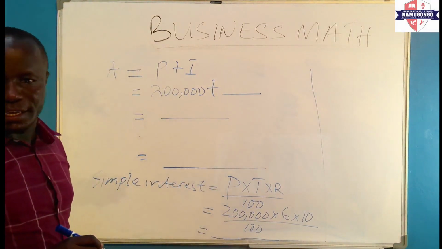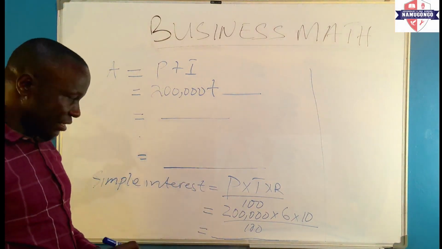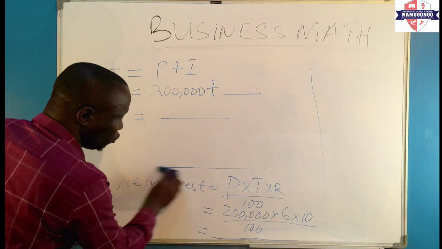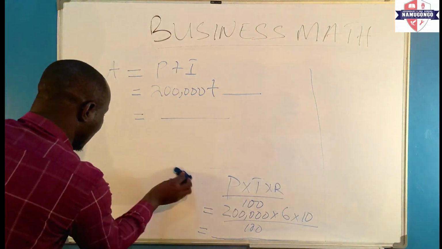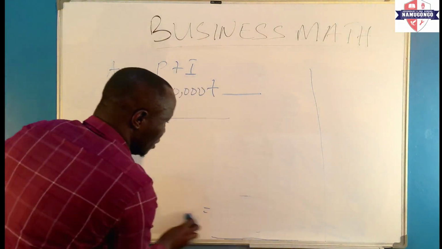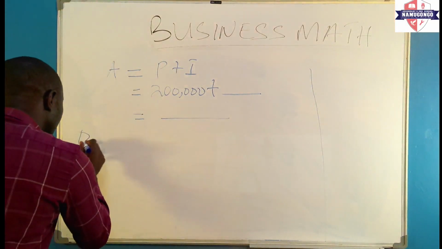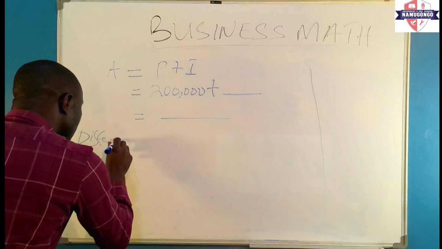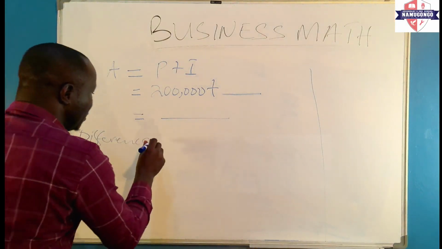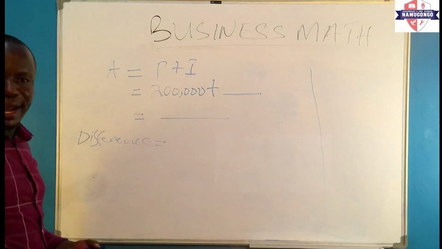Then they are saying, and by how much? So by how much you are going to compare the two. And obviously, if you are to compare the two, the amount got using compound interest. So by how much is the difference between the two? Because they are saying by how much is the difference.